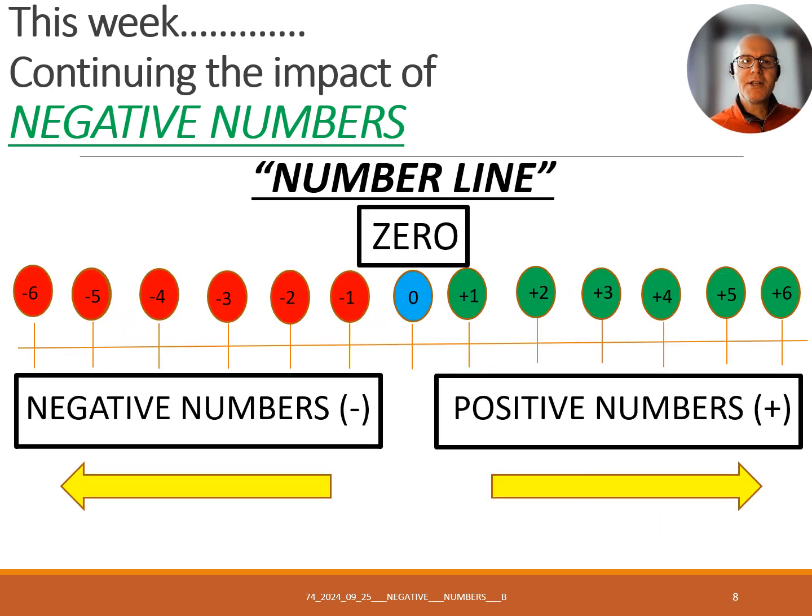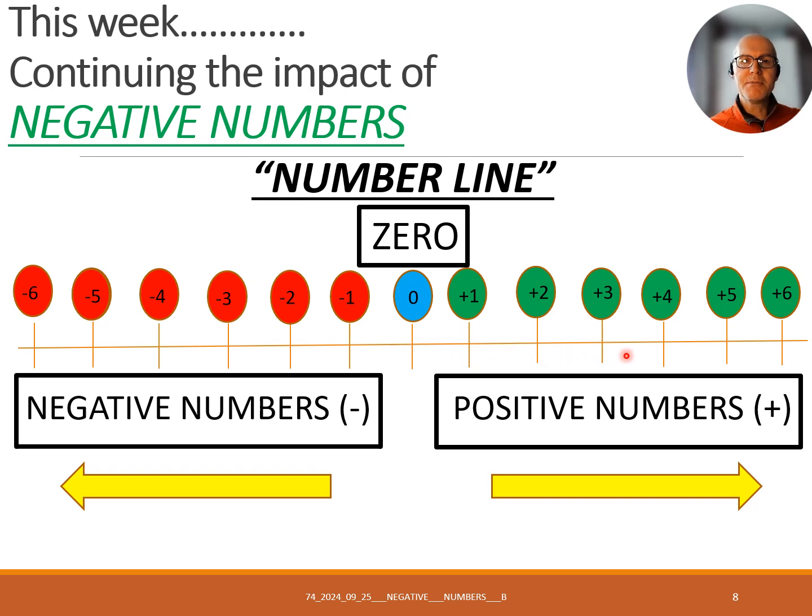If we were to consider a number line, we can see that the negative numbers are to the left of 0 on a number line. These are the negative numbers here.